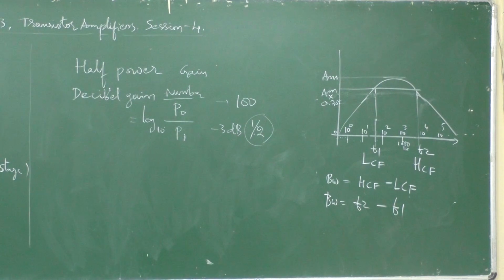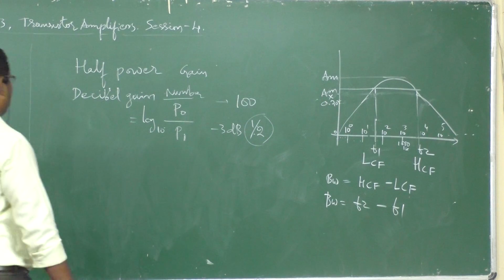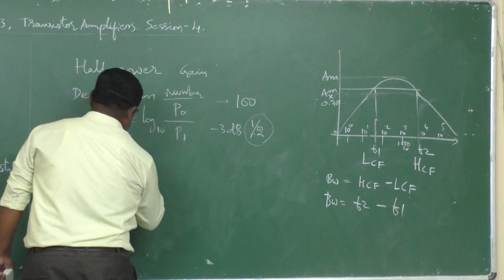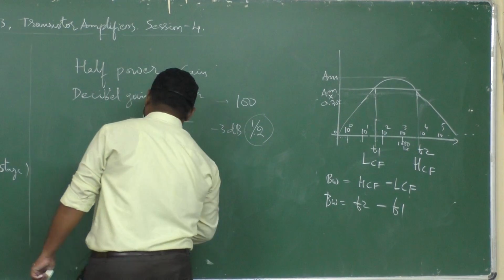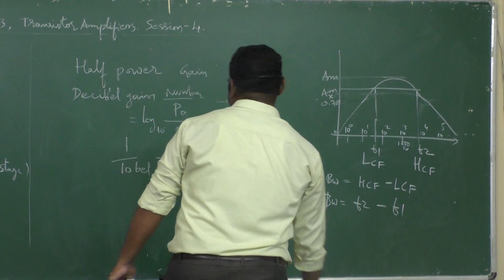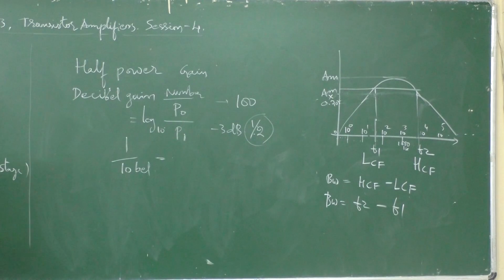Log to the base 10 of PO divided by PI is nothing but power gain, or it is also called 1 divided by 10 bell. 1 divided by 10 bell is equal to, so like this we are calculating. So this is also known as 1 decibel.